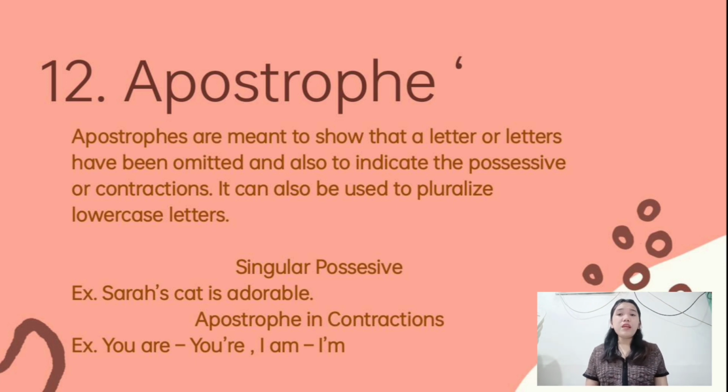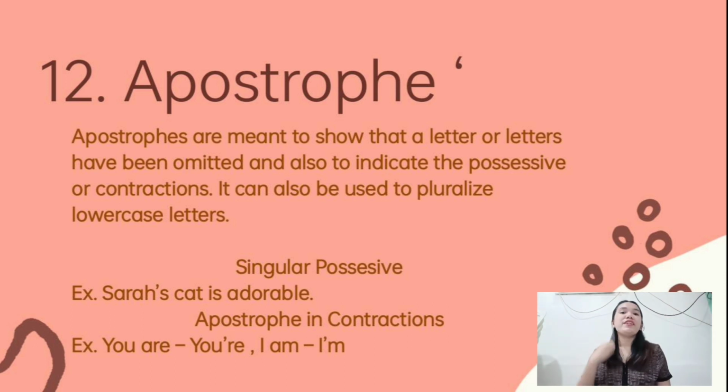For example, singular possessive, Sarah's cat is adorable. So it means that Sarah's cat is adorable because Sarah owns the cat, she is the one who owns something. So that is the singular possessive.